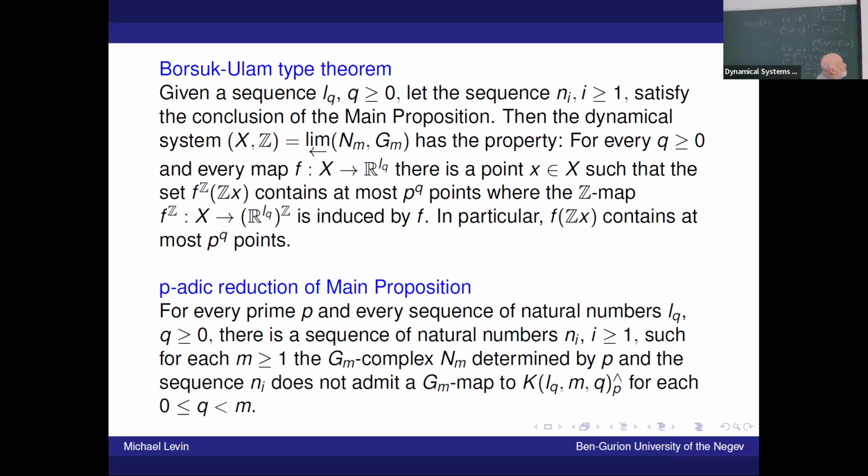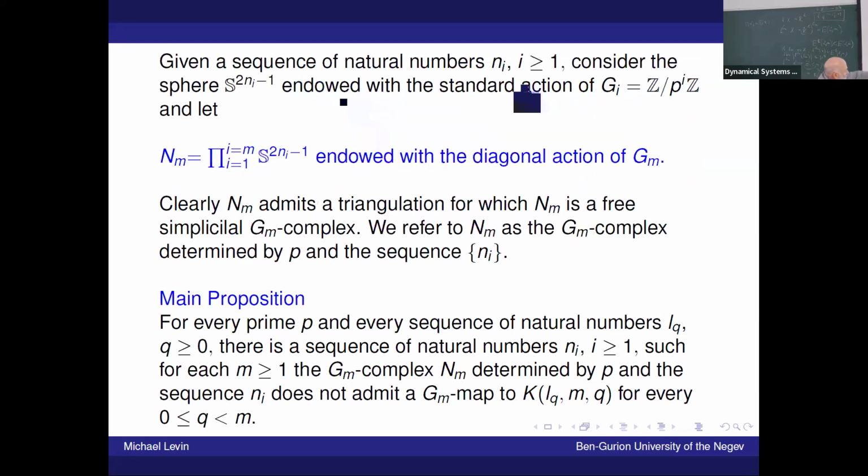So if we have any sequence of natural numbers, and by our previous proposition, we can take once again this sequence. This is part of the structure: spaces such that each N_m does not admit the G_m map to K_{L,Q}.